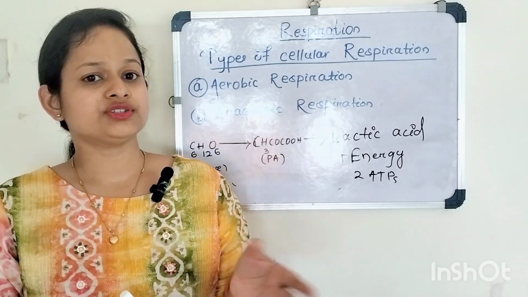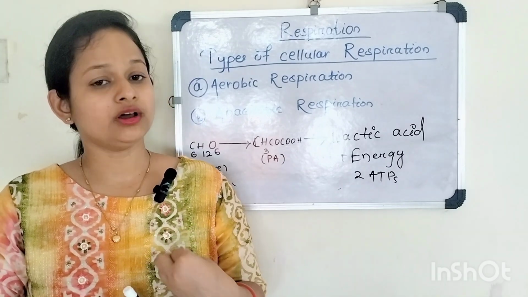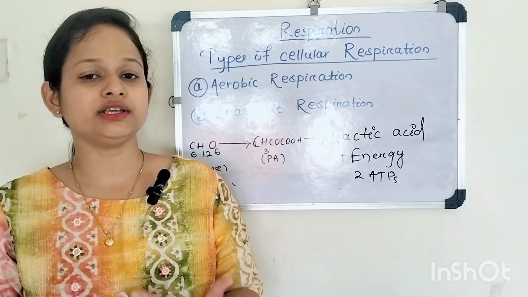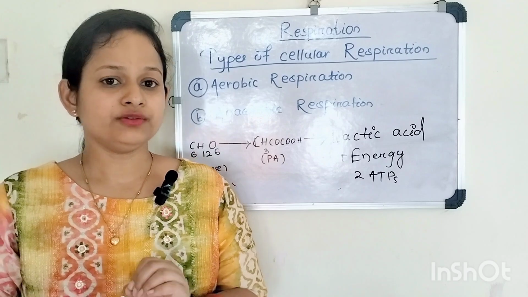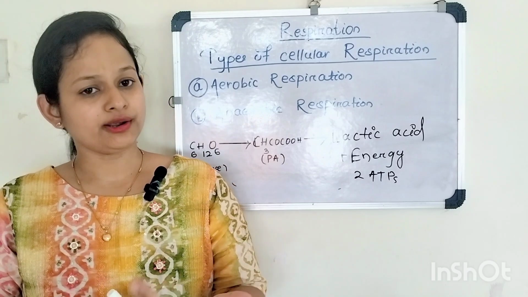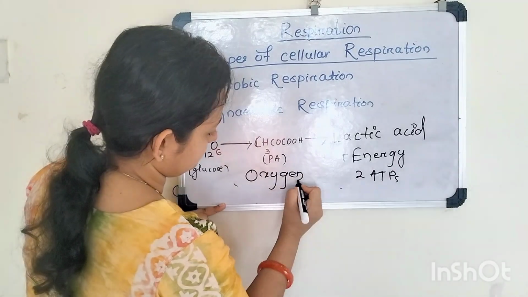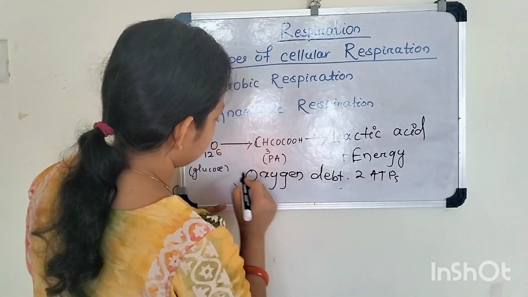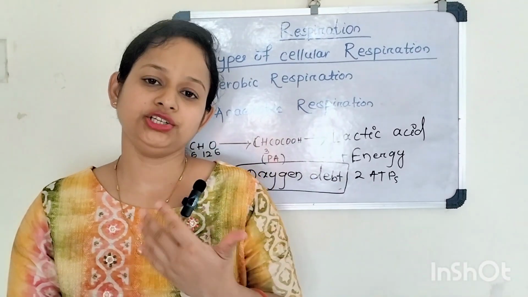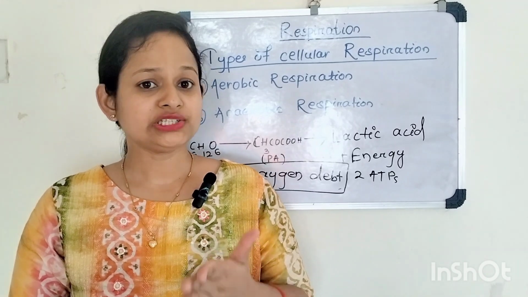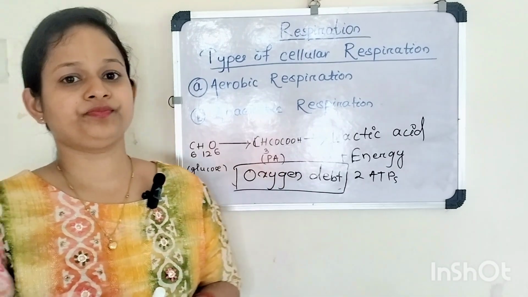After the vigorous exercise, when there is additional intake of oxygen into our body, the lactic acid will convert into glucose to restore the normal state of the body, and that is known as oxygen debt.